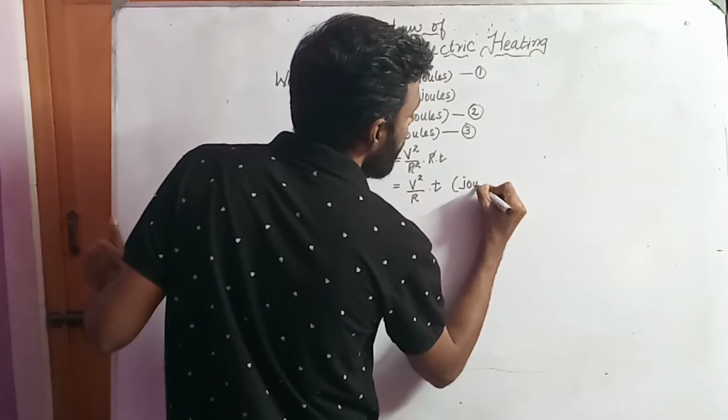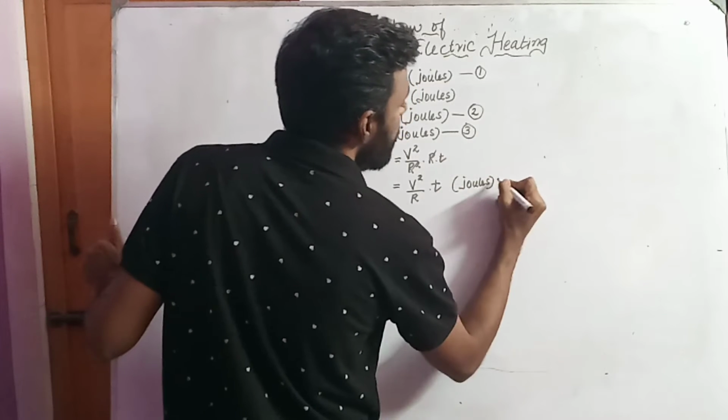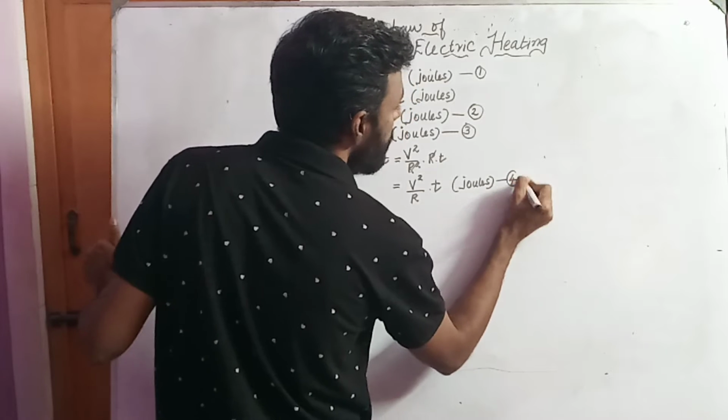The unit of work done is joules. Let us assume this is equation number 4.